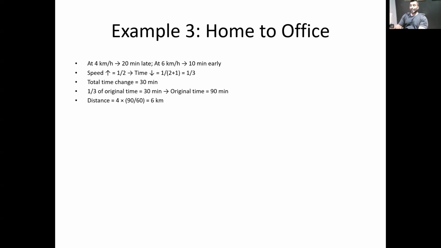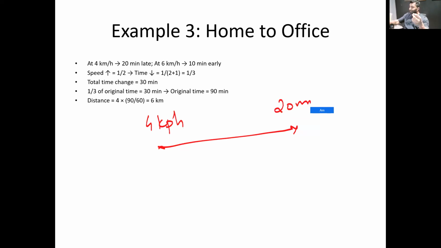Okay, this is a slightly interesting question. So here, what is actually happening? You are traveling at 4 km per hour, and in that case, you are 20 minutes late. So I'm taking it to a slightly higher level now.